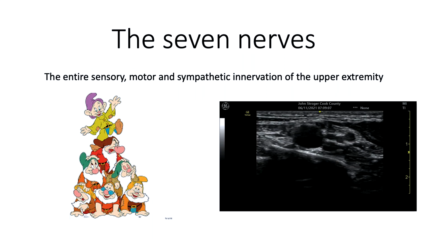The 7 nerves carry the entire sensory, motor, and sympathetic innervation of the upper extremity. You will never find a book, that you read, that your uncle had, that his grandfather had given him, and it was on page whatever, that said there was a nerve that goes around and eventually gets to the upper extremity.